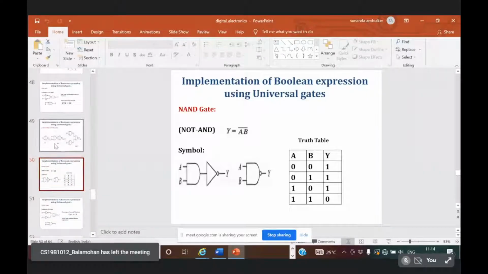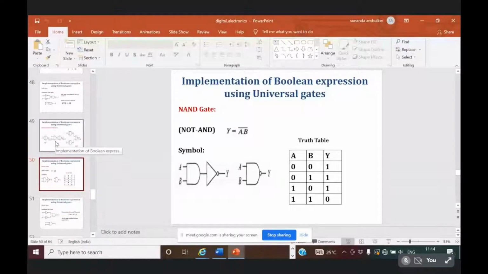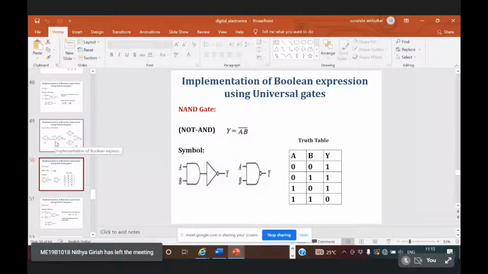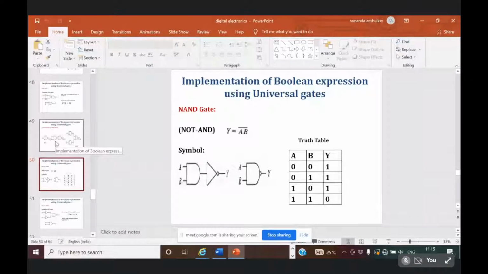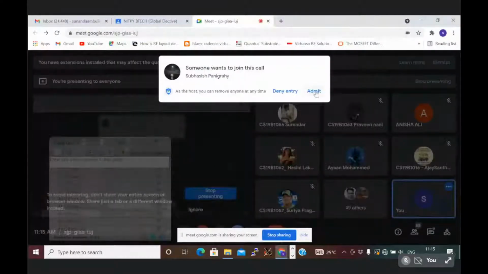Next is the NAND gate. We'll see how the NAND gate is utilized for the implementation of the basic gates, and then we will use both the NAND gate and NOR gate individually to implement other Boolean functions and other gates.